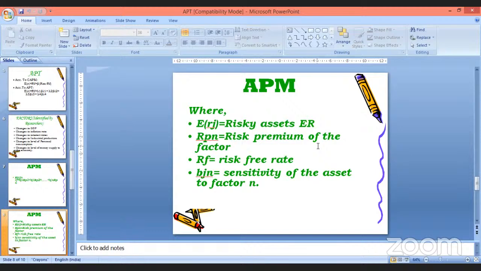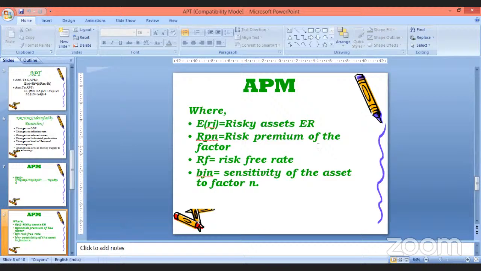BJN stands for sensitivity of the asset to factor N. N means N number of macroeconomic factors. Okay, sensitivity. Please remember, this is exactly your beta, that means risk coefficient. Sensitivity means the risk coefficient of the asset to factor N. Changes in inflation may be one factor, changes in GDP may be another factor, changes in interest rate may be another factor.